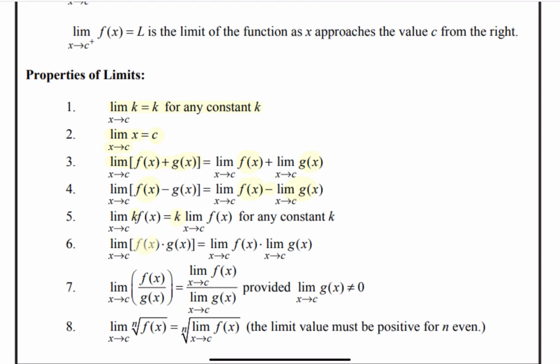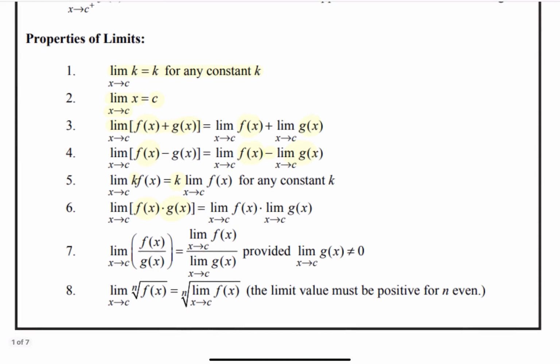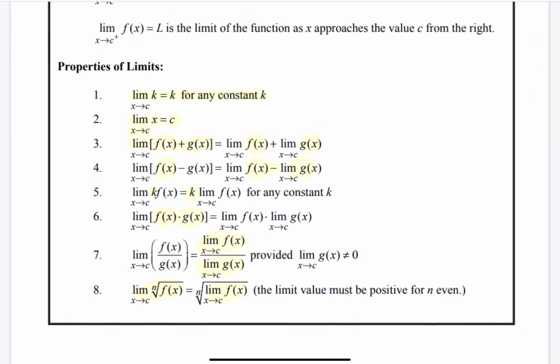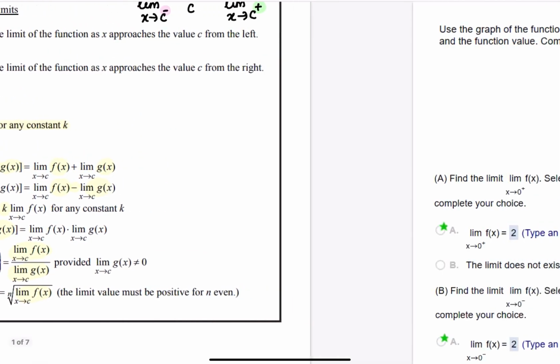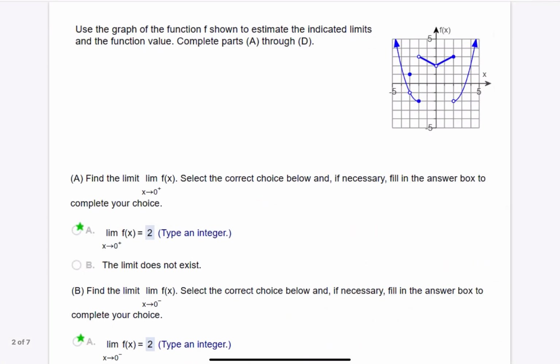If it's a multiplication, it's the limit of f of x times the limit of g of x. If it's a division, you separate the limits. If it's a square root, you take the limit inside to the function. Okay, so make sure you have all of these while you're doing your problems because it makes much more sense then. Let's go ahead and take a look at the example from your textbook.